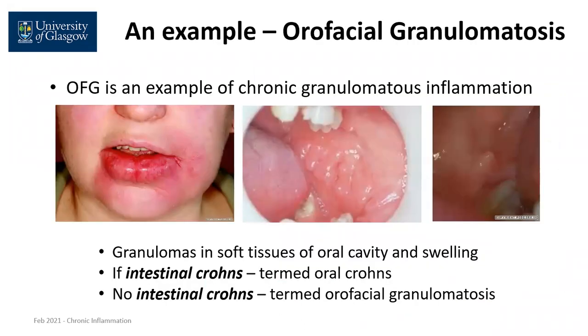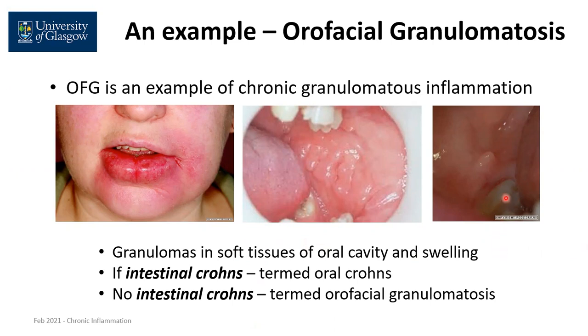And as always, I want to give you an example of this. OFG, as I've said, is an ideal example of a chronic granulomatous type of inflammatory disease. So granulomas within this disease are characterized by the formation within soft tissues of the oral cavity. You get swelling of the tissue.